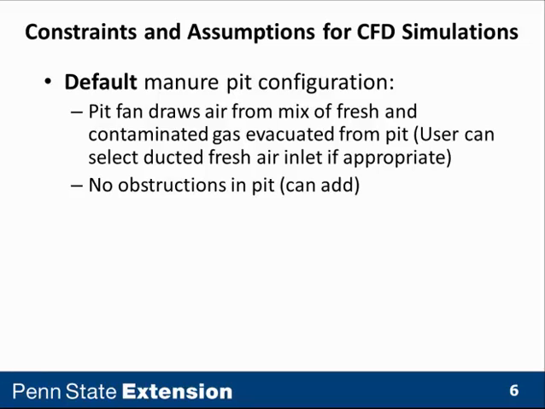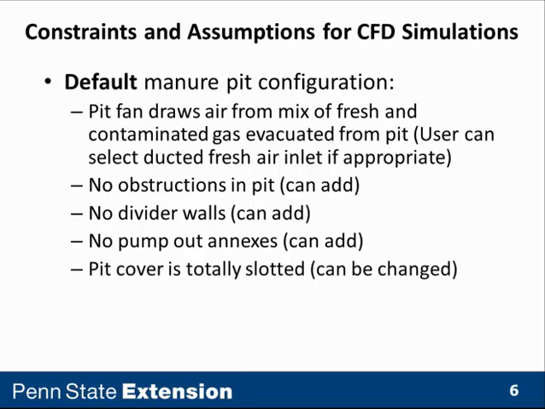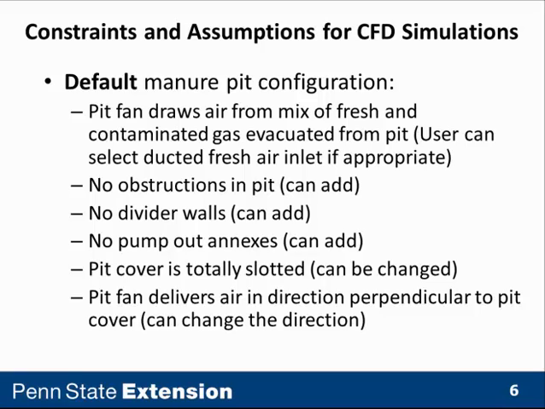The default conditions are that there are no obstructions in the pit, there's no divider walls in the pit, there's no pump out annexes in the pit, that the pit is totally slotted, and that the pit fan delivers air in a direction perpendicular to the pit cover. Any one of these defaults here can be added or can be changed by the user during the data input process.